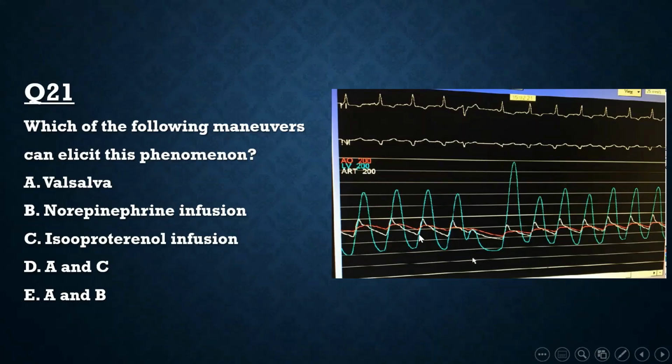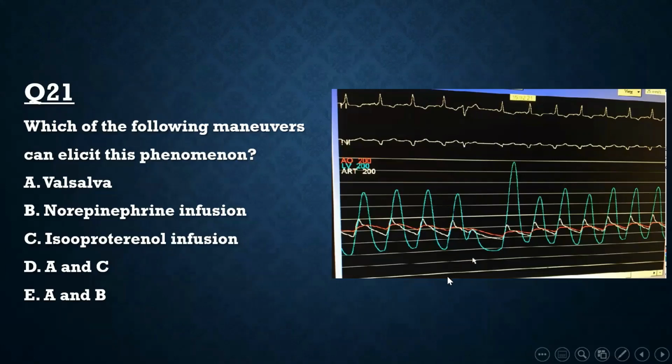Spike and dome due to dynamic obstruction indicates this is dynamic obstruction, likely HOCM. The gradient could be aortic stenosis or HOCM, but post PVC there is augmentation of the gradient with low pulse pressure. This goes with HOCM. So this is the Brockenbrough phenomenon.